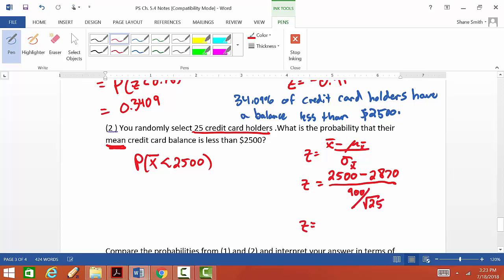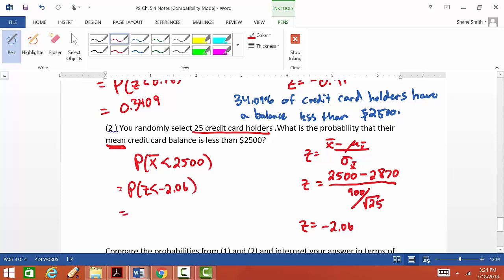And when you put that in your calculator, depending on the calculator you have, I would advise doing this in a couple steps, maybe just doing the numerator, the denominator, and then dividing the two numbers. It just depends how you want to do it to make sure you don't mess up. But anyway, the z-score is negative 2.06, so that is what I need to look up.